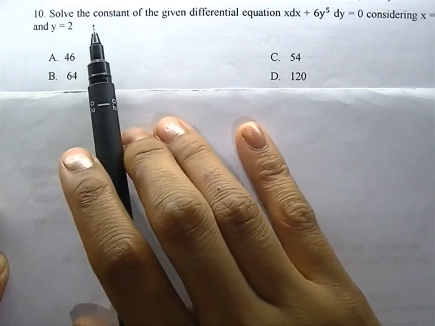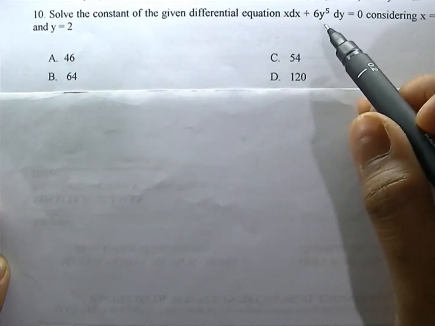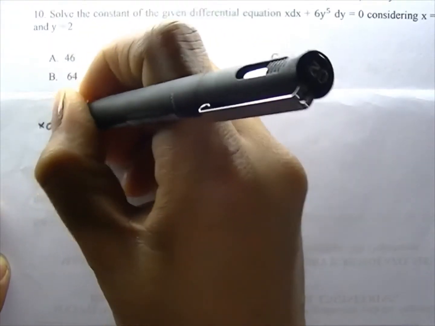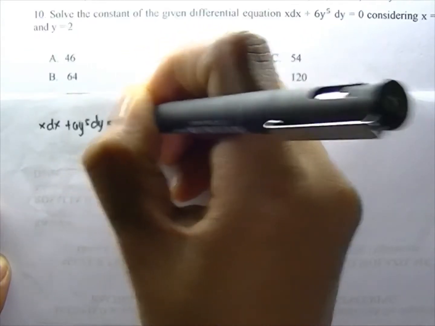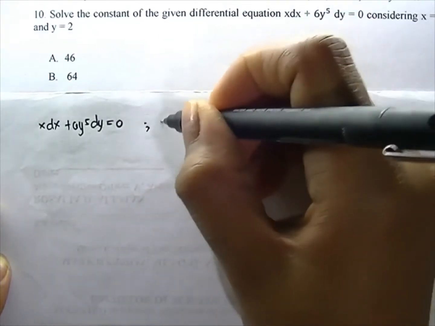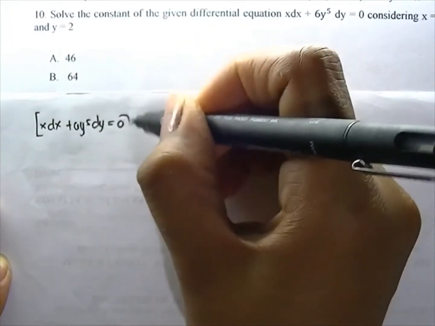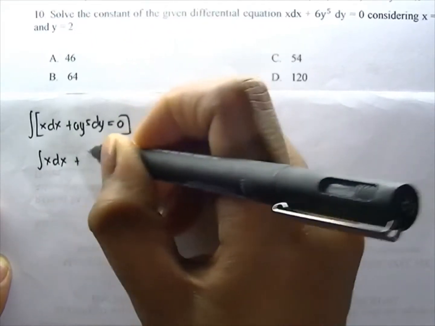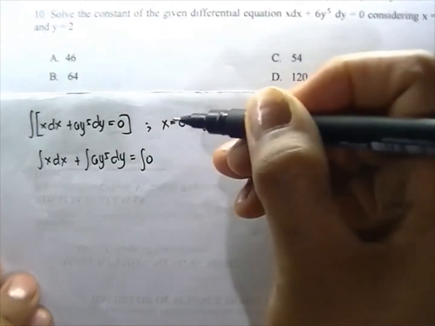Number 10. Solve the constant of the given differential equation x dx plus 6y raised to 5 dy equals 0, considering x is 0 and y is 2. So we have x dx plus 6y^5 dy equals 0 when x is 0 and y is 2. So integrate, we have integral of x dx plus integral of 6y^5 dy equals integral of 0.